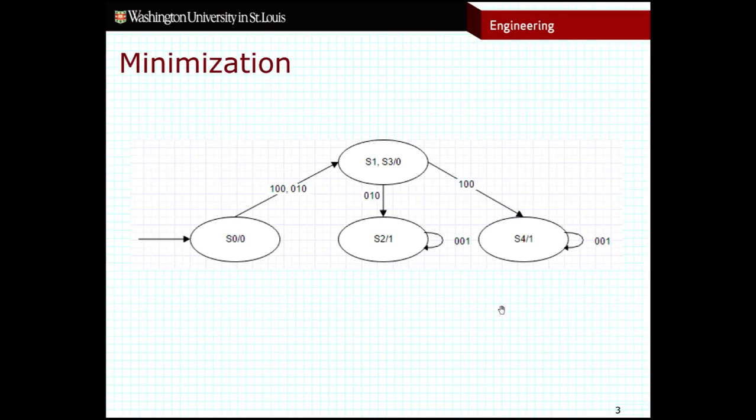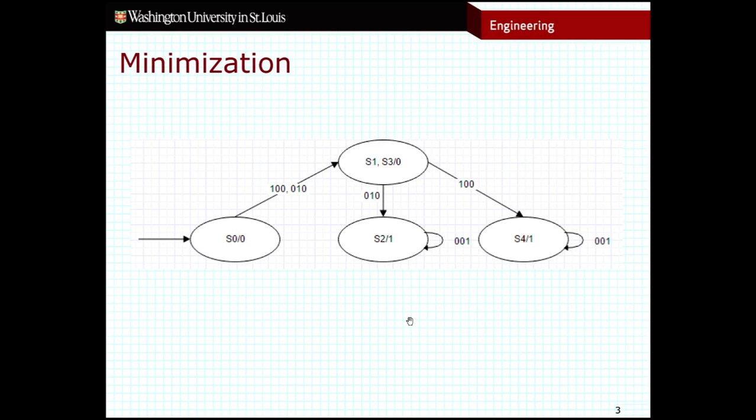Once we do that, here's what our finite state machine looks like. You can see that I've just included a second set of inputs on this transition that can lead to S1. I've eliminated S3 entirely. We are now down to 4 states, whereas previously we had 5.